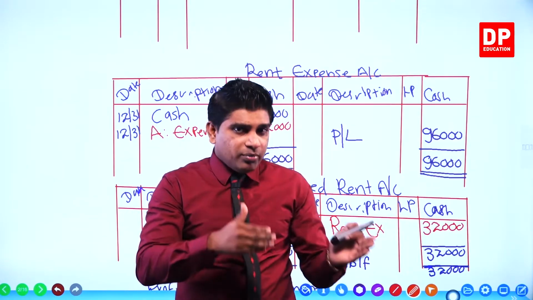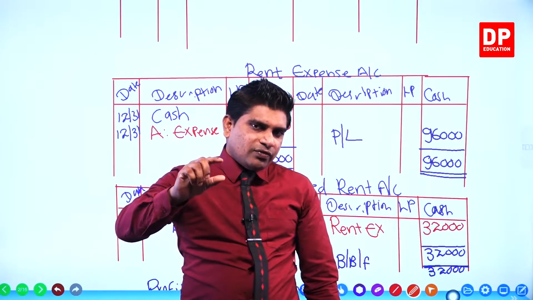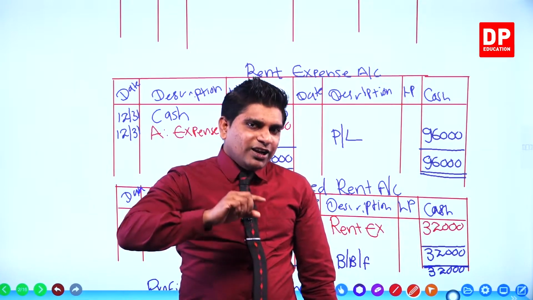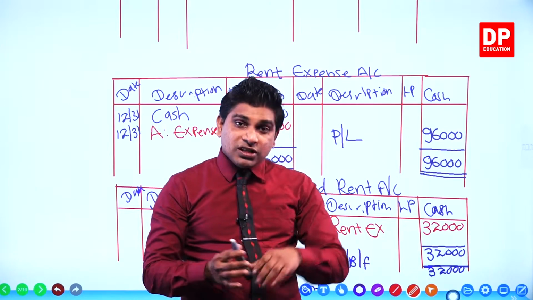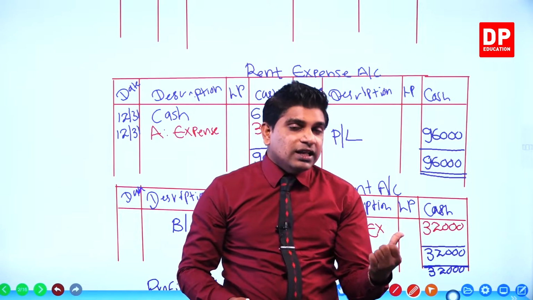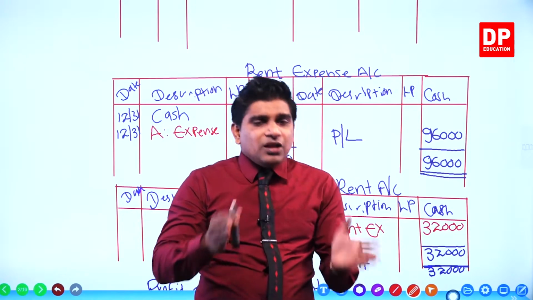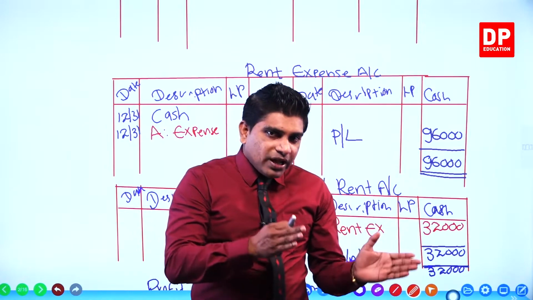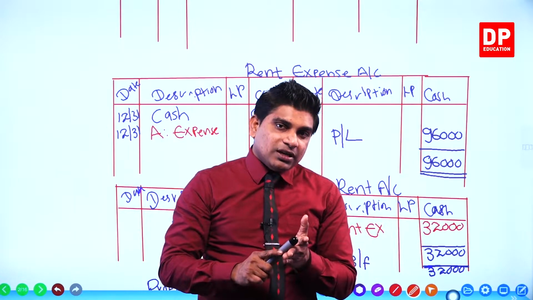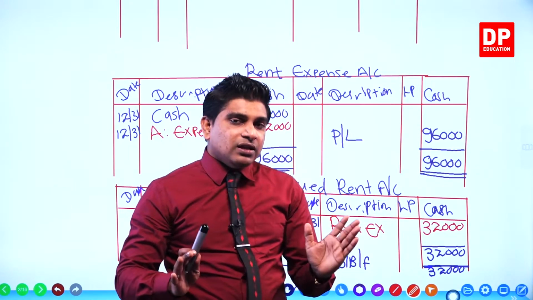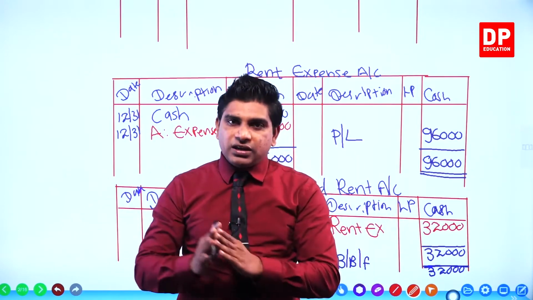You remember when I drew the profit and loss statement, after finding the net profit, we wrote there: net profit carried to capital account. Capital is in the statement of financial position, where you can see only the capital, assets and liabilities, right? So any business brings only the liabilities, assets and equity, meaning capital, to the next accounting period. They never bring income and expenses; income and expenses accounts are transferred to the profit and loss statement.